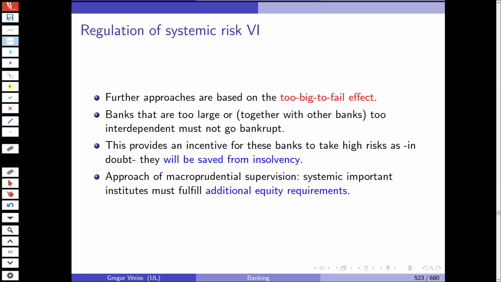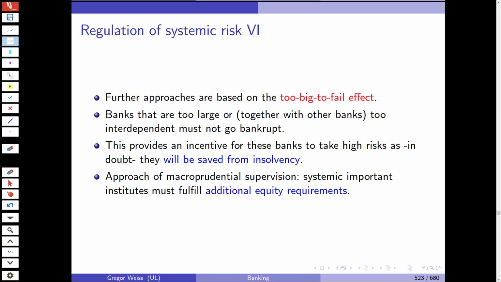Further approaches are based on the too big to fail effect. This means that banks that are too large, too interdependent, too interconnected, must not default. And this provides an incentive for these large banks to take on high risks, as, if in doubt, they will be saved from bankruptcy by the state.